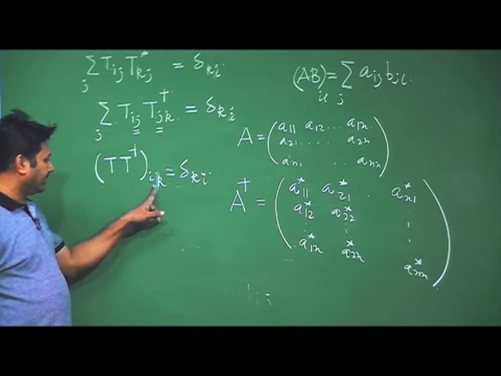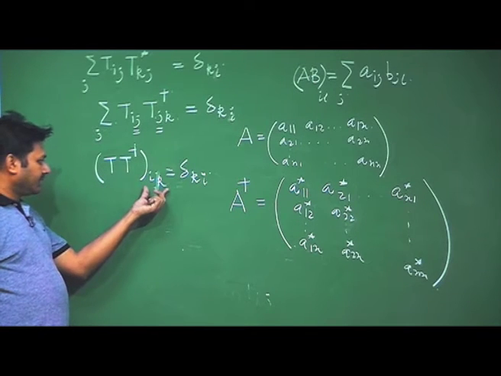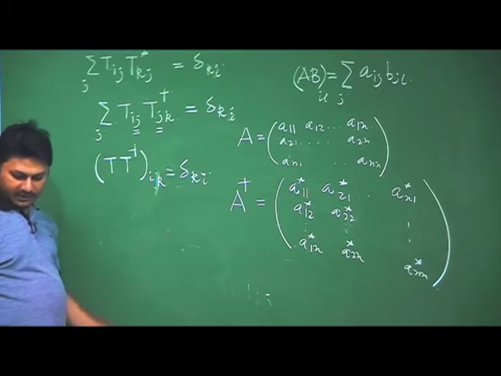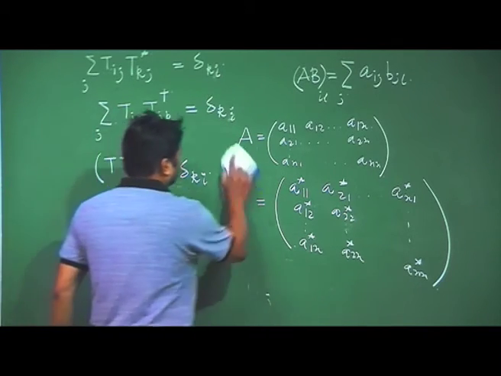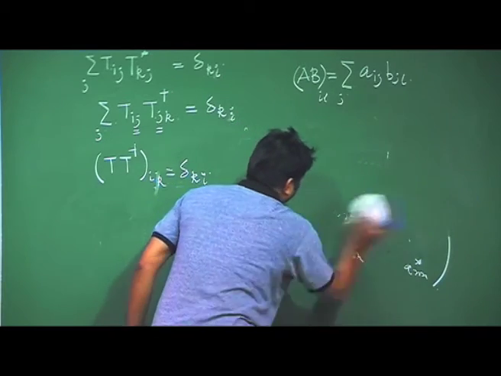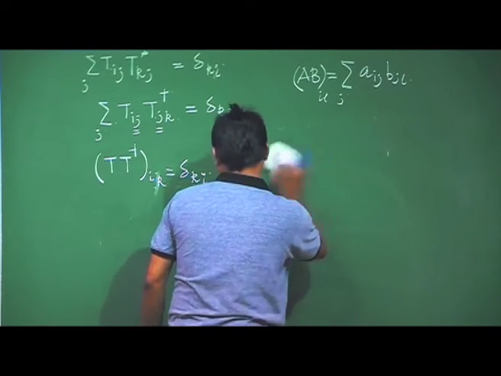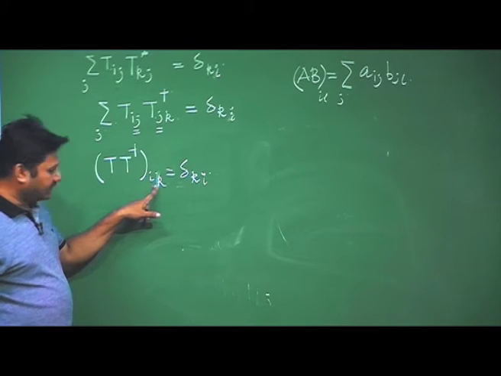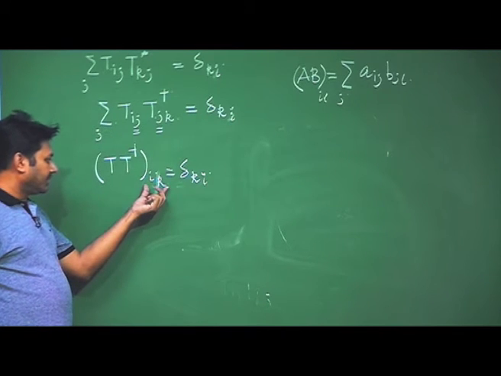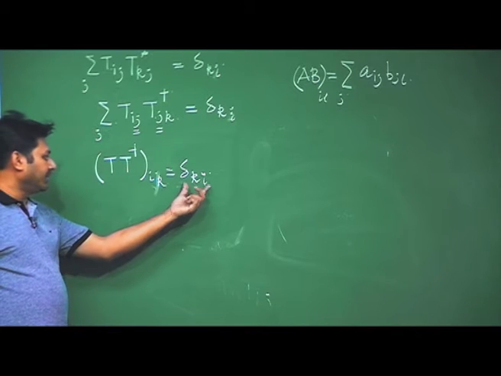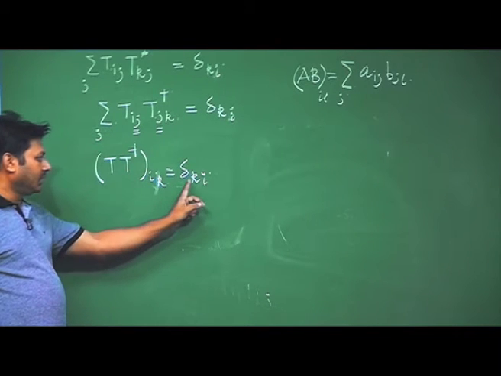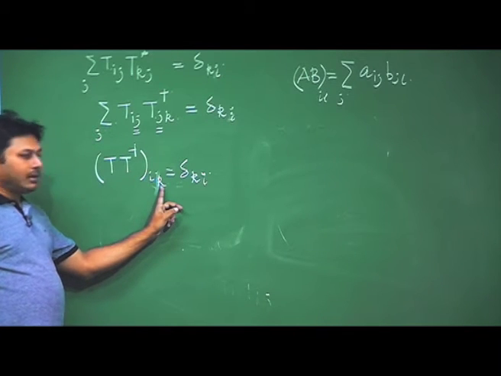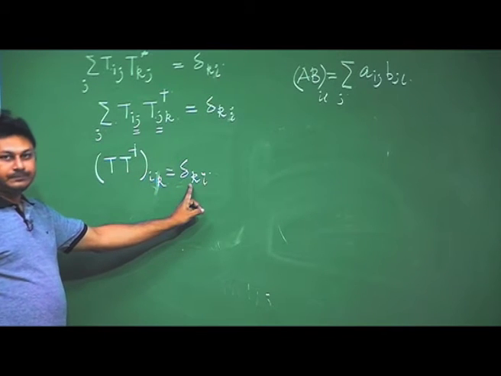So that means I generalize the T dagger components; I know now what the components are. If I look carefully, I will find a beautiful thing: the T T dagger ik component is equal to this quantity. When i and k are not equal, this is 0, and when i and k are equal, this is 1.